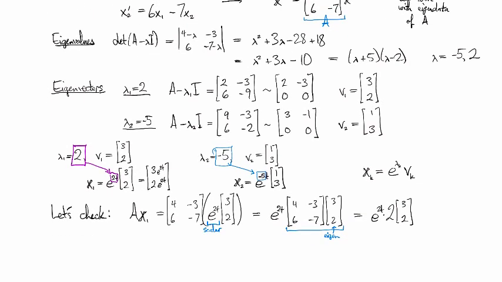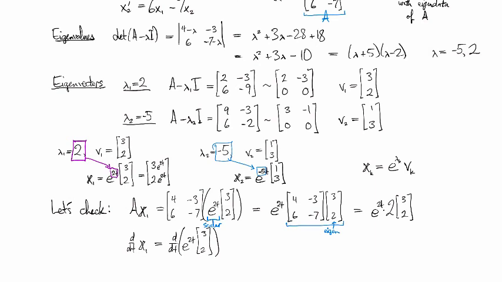Meanwhile, if I do d/dt applied to x1, then I'm doing d/dt applied to e to the 2t times 3, 2. And now from the point of view of the differential operator, it ignores the other part. This is just constants.